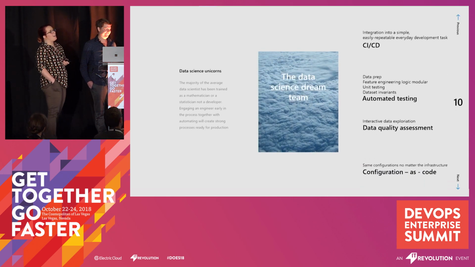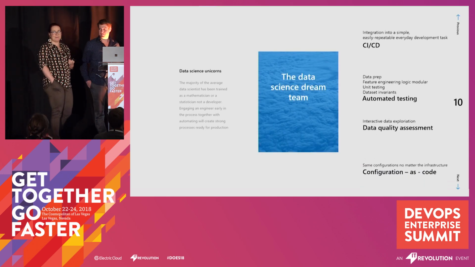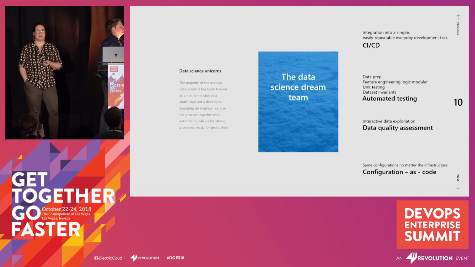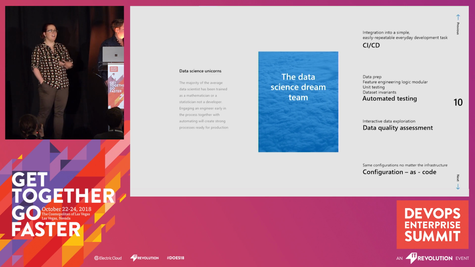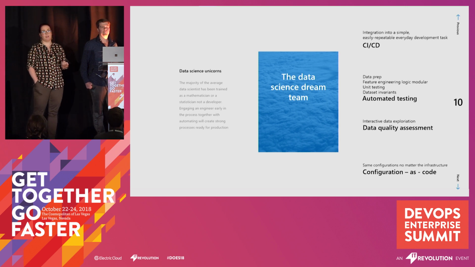And then the data science unicorns. Everyone knows that, at least I hope so. Everyone probably has experience working with a data scientist coming freshly out of university and working the way you do in university, because obviously they have not been trained in traditional software development.